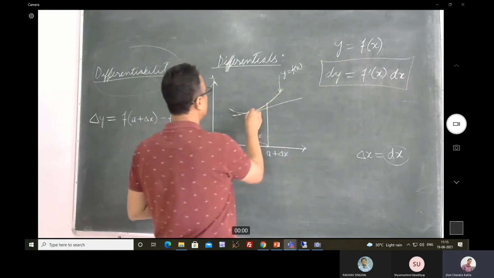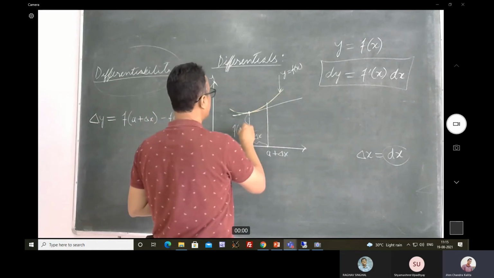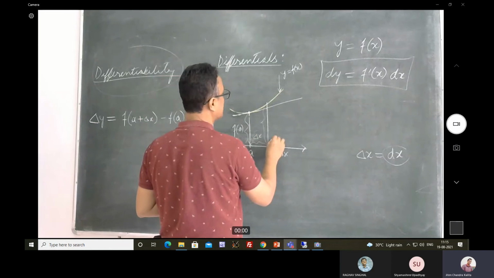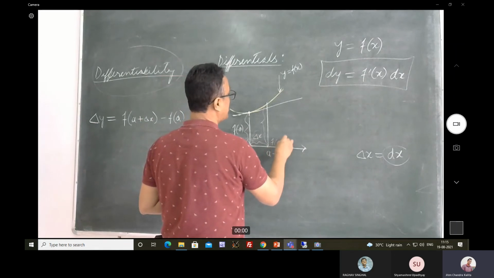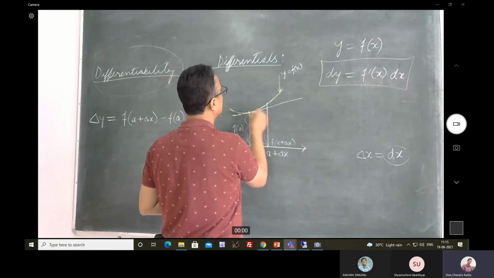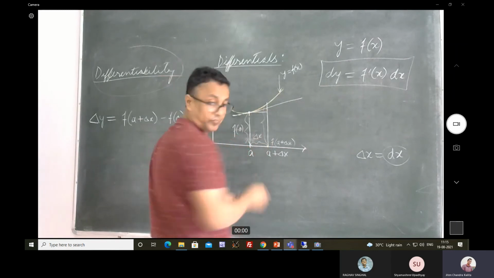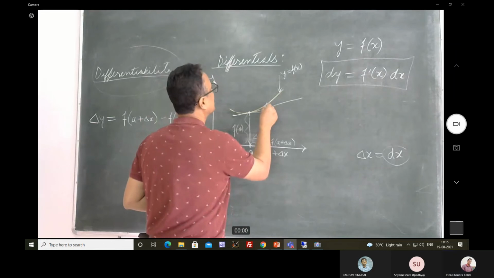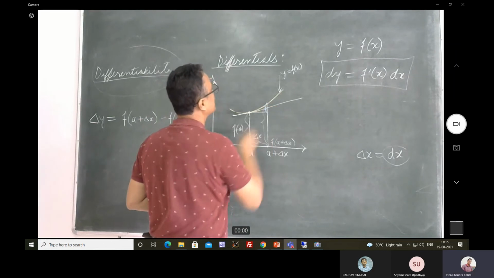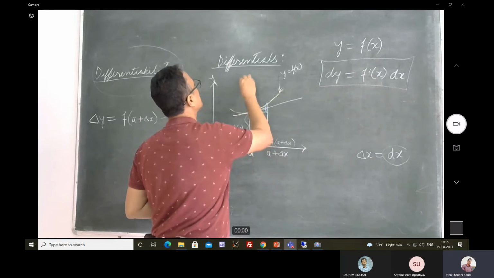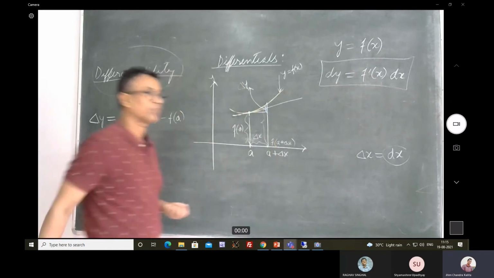This is f of a, and this whole length is f of a plus delta x. So this difference in blue is your delta y.